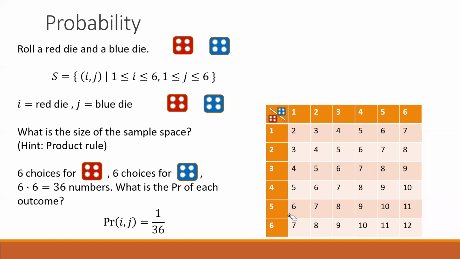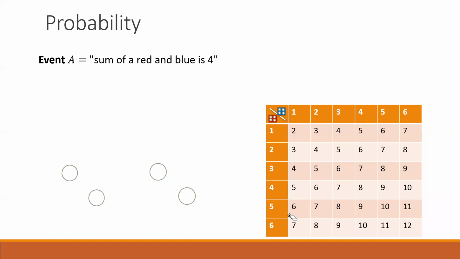Okay, so now I can define events. I have 36 entries, right? So each of these happens with a probability of 1/36, every single entry in my table. So now I can define an event such as, well, what if the sum of the red and the blue die is 4?